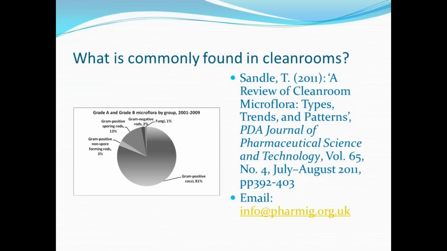There is some work that I did, which looked at about 7,000 isolates from a grade A area, and it found that about 80% were gram-positive cocci, about 16% were gram-positive rods, mostly non-spores, but a few spore formers, minimal numbers of gram-negatives, and few fungi. Close to what might be expected, but that kind of profiling in conjunction with the disinfectants is important.